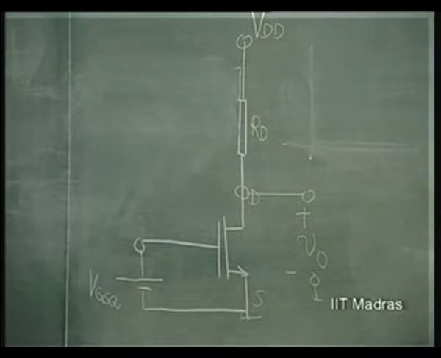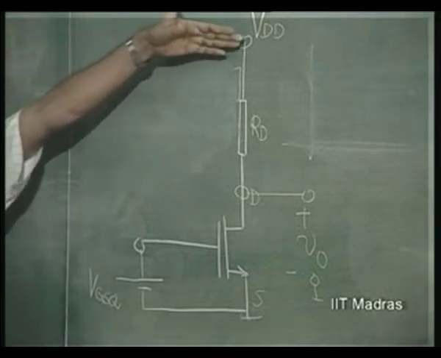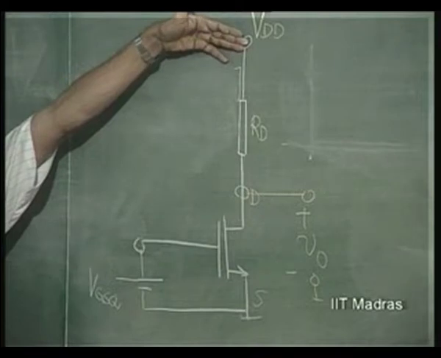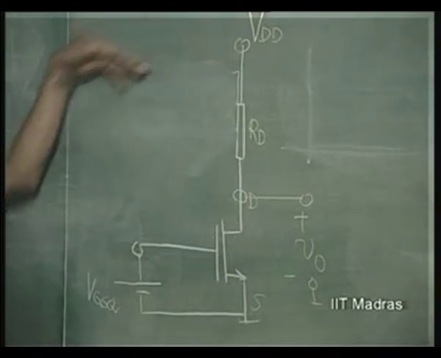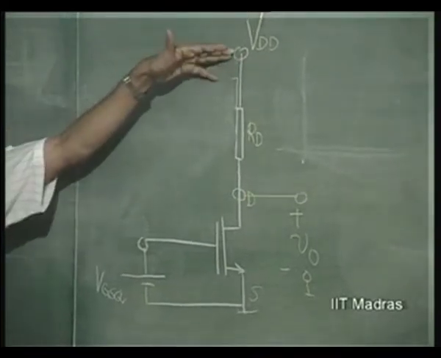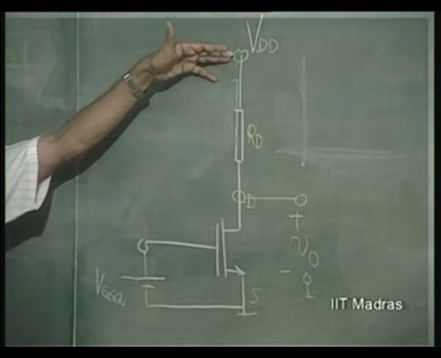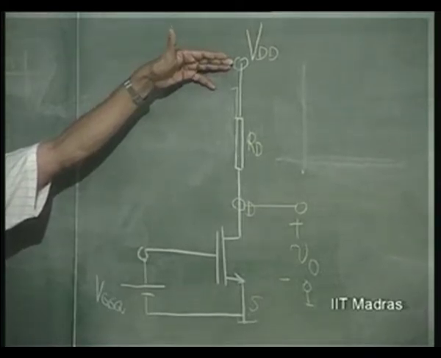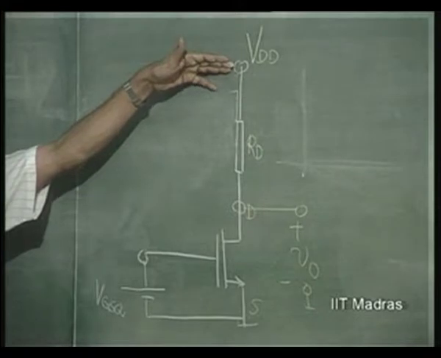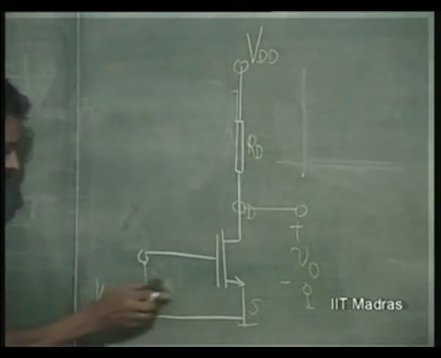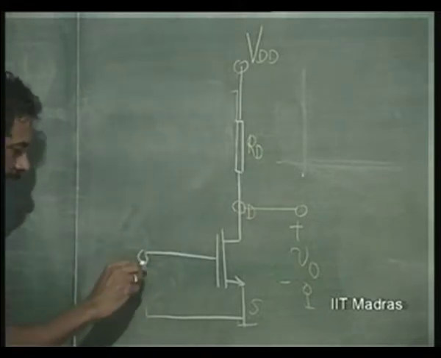That I could do, but I don't want to get a separate voltage. I already have VDD applied here. So, I would like to generate this VGSQ from VDD. What did we do in the case of a bipolar junction transistor? We put R1 and R2 and attenuated this. So, we can do that.